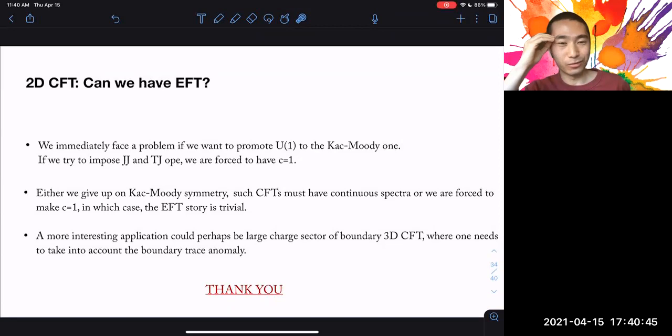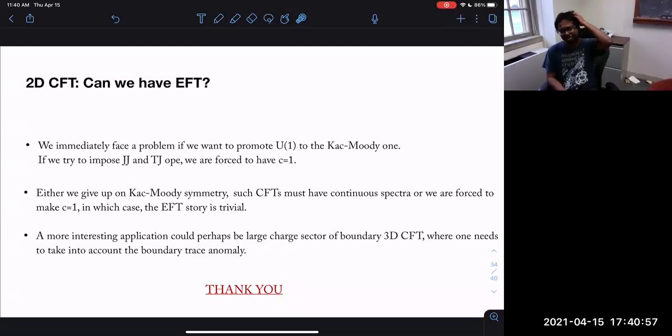So probably you need to look for something different. That's your prediction. Okay, I just wanted to confirm that. Yeah, exactly. So the point is this EFT wouldn't work, but maybe you can introduce more fields and bypass that. Yeah, that's true.